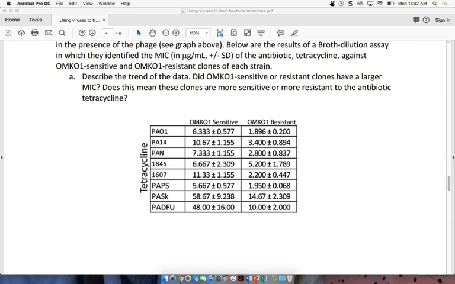So if you're looking for one connective thread between what we talked about on Friday, resistance to gyrase, and what we've talked about today, resistance to bacteriophage, that's the common thread. Missense mutations are allowing that resistance to occur. This is just one way in which we can use that resistance to our benefit.